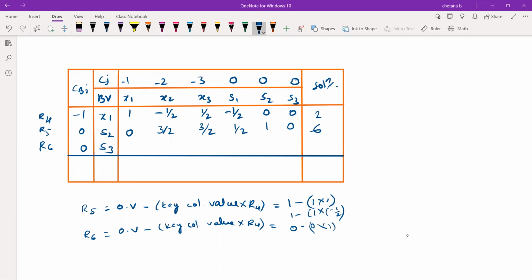So this is 0, this is minus 1, 1, 0, 0, 0, minus 2. Okay, you can check once after the class. You can just practice this.